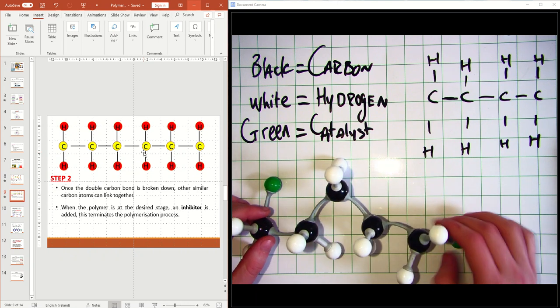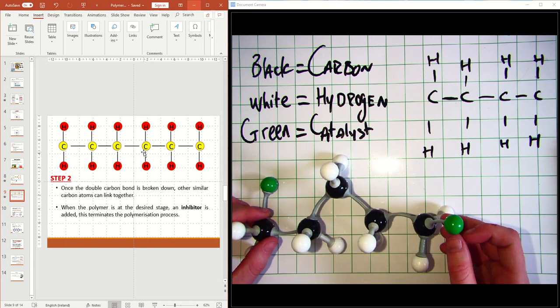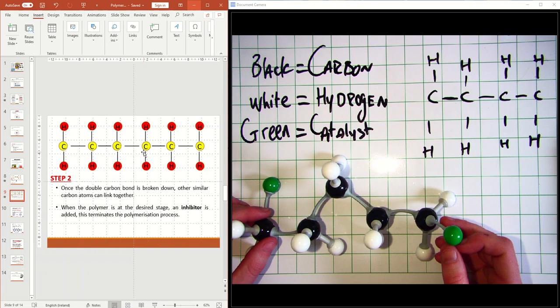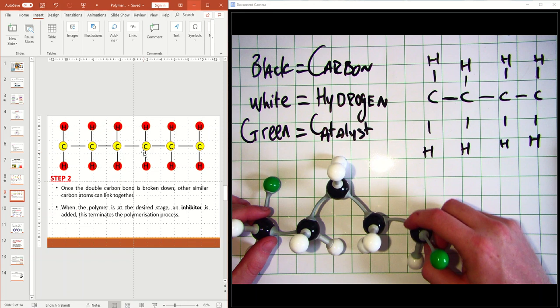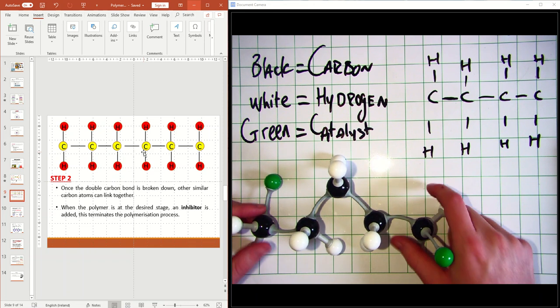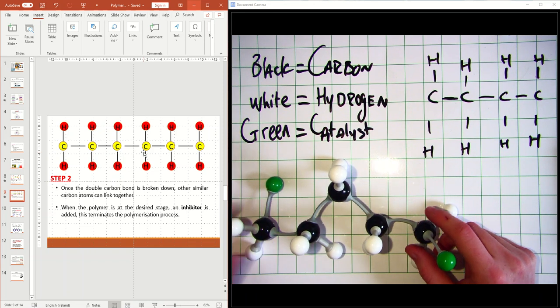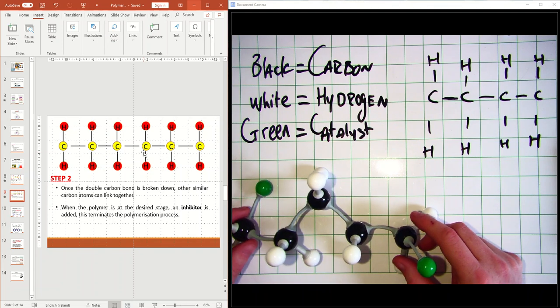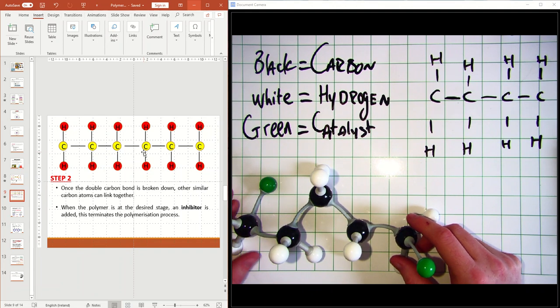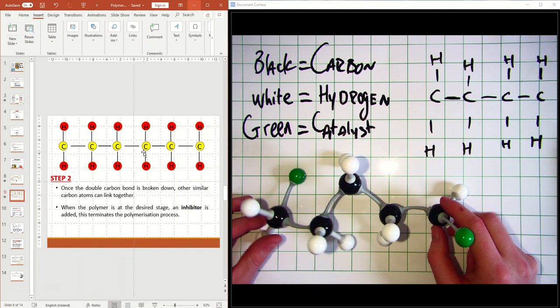At that stage, I add another inhibitor or free radical with an unpaired electron to the process. It joins on to that carbon atom and terminates the process. Addition polymerization, as I said, is used to produce thermoplastics, and the main example we talk about is polyethylene.